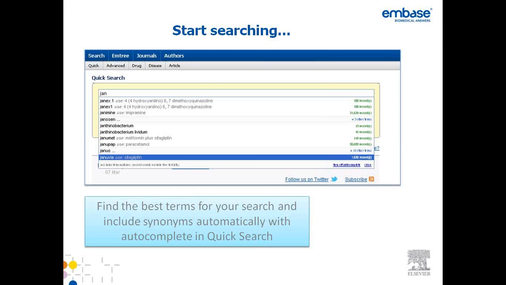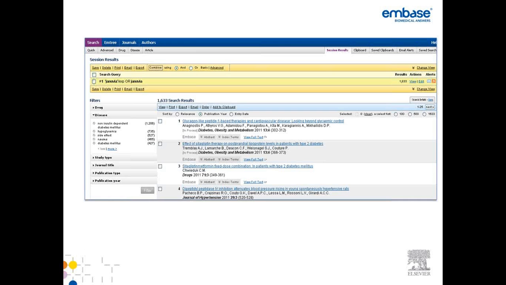And that means that if you type, for example, Januvia in, it tells you that Januvia is a term that you can search for, because Januvia is a synonym of sitagliptin. And that means that you can use either of those terms to retrieve all of the records that you are interested in. So Quick Search is providing guidance.